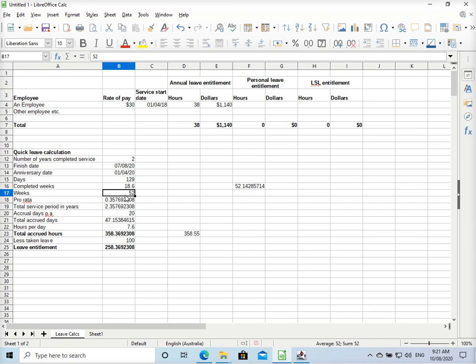In fact, interestingly, it was on the Fair Work website that I read that best practice was to use the 52 weeks to accrue the 20 days, rather than the 52.14 weeks, because it's a small amount of extra accrual, but can save some confusion for the employee. But in this calculation they're using the 52.14. So those are the two reasons for the difference in the calculation.